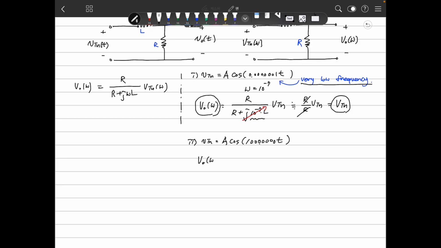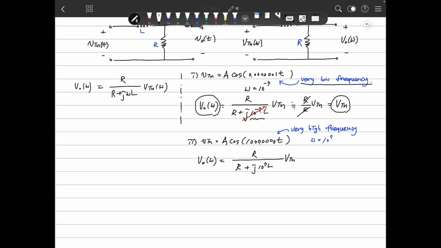Then V out of omega will be R over, in this case, this is a very high frequency, then that will be j times 10^7 L times V in.